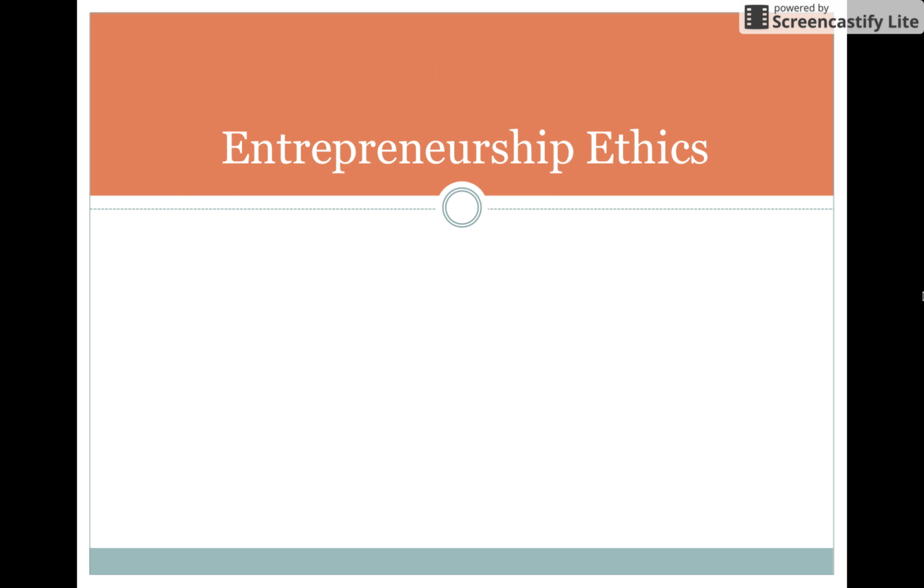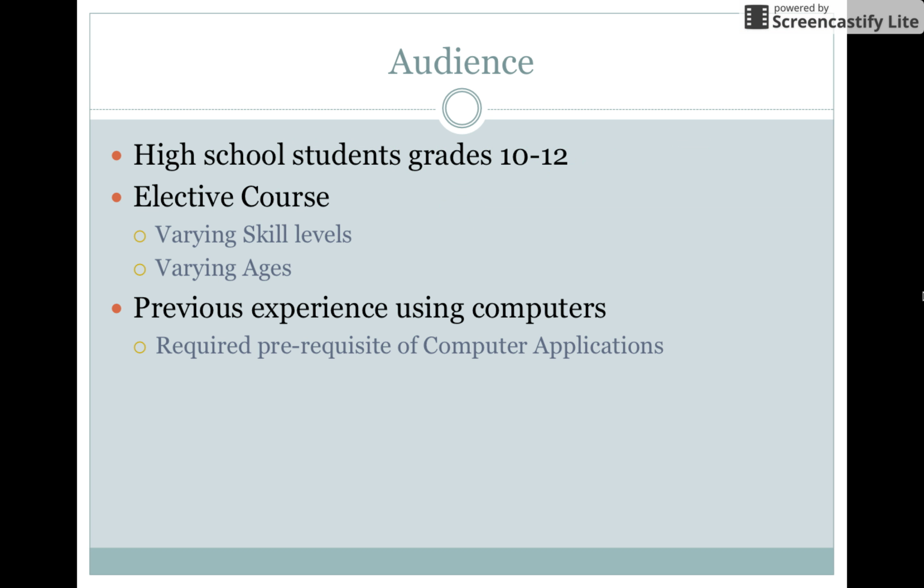For this project, I chose to do my entrepreneurship class, and we're really focusing on ethics right now in the course. And my students are in high school. They're in grades 10 through 12, and entrepreneurship is an elective course. So we have all kinds of students in the class of very different skill levels, ages.